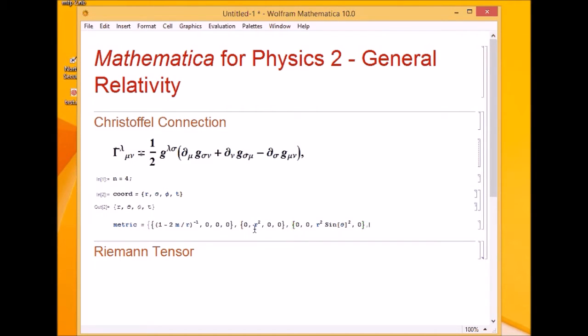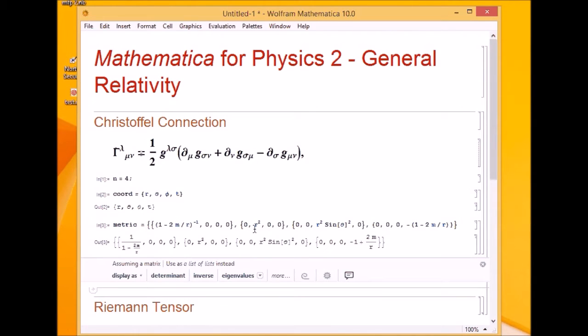And the last one is simply 0, comma 0, comma 0, and the negative of the first one, an inverse. So 1 minus 2m by r. So this is our metric.